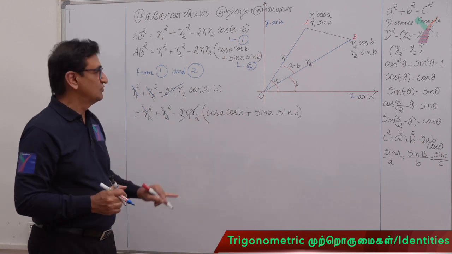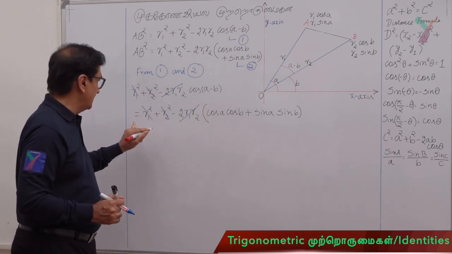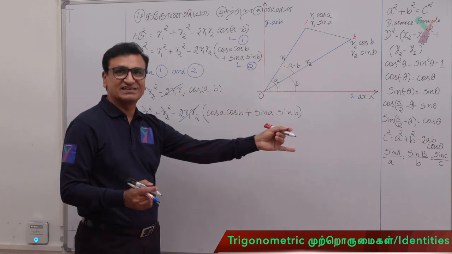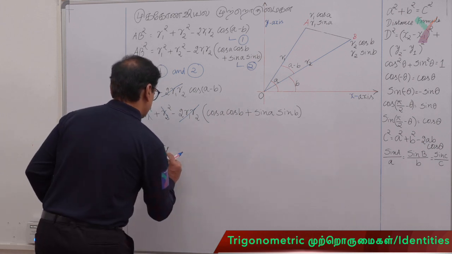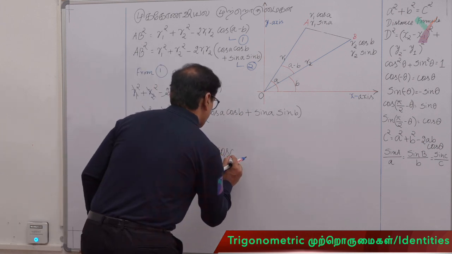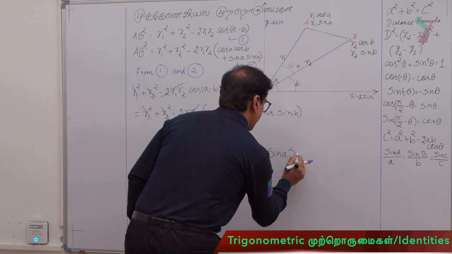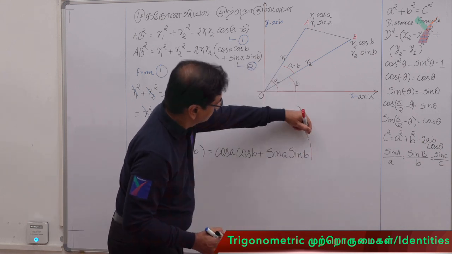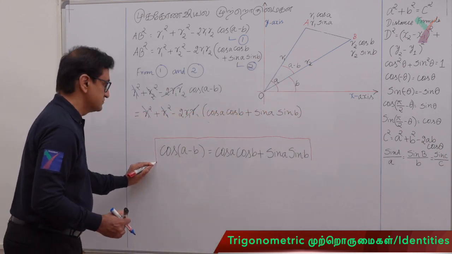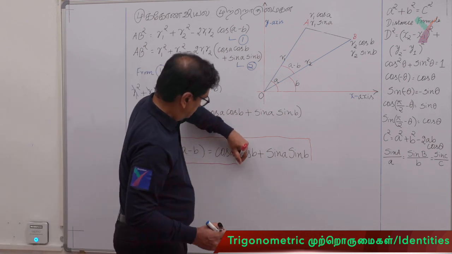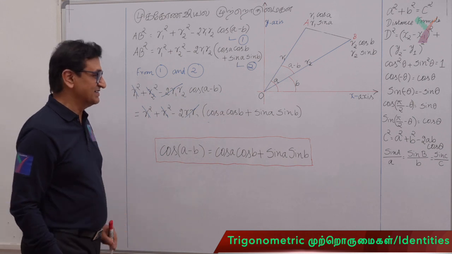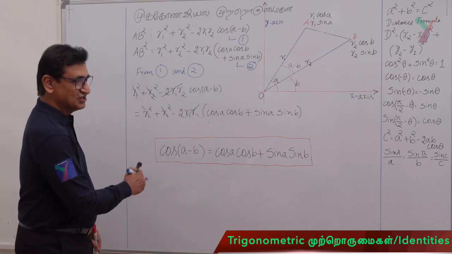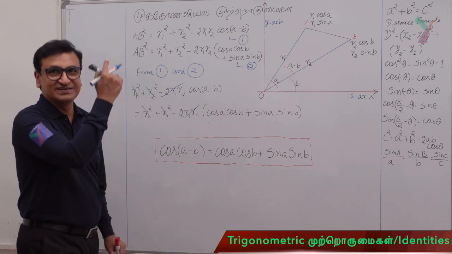கடைசியில் நமக்கு என்ன இருக்கும்? cos(a minus b) equals cos a cos b plus sin a sin b. So this is our first identity. Okay, this is our first identity, and I'm going to transfer this to the list of identities.